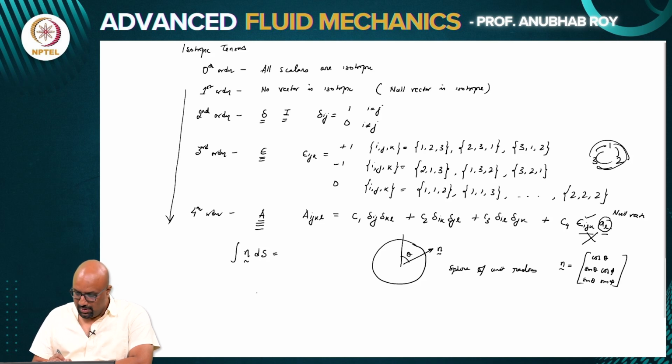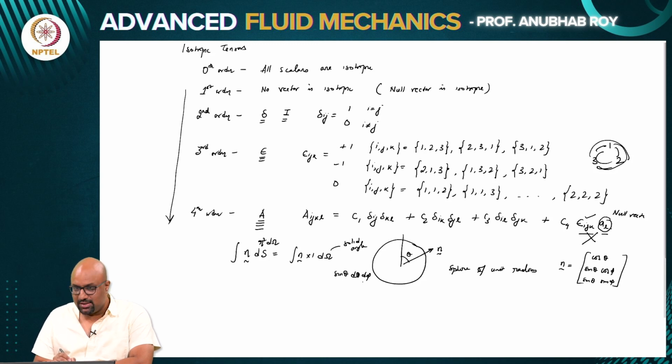Now, if you want to do this integral over the surface of the sphere of unit radius, this can be written as r squared d omega, r being the radius, which in this case is 1, and d omega is the solid angle, which is sin theta d theta d phi.